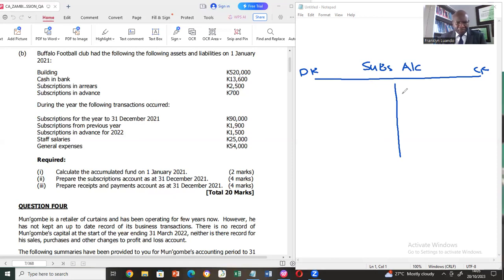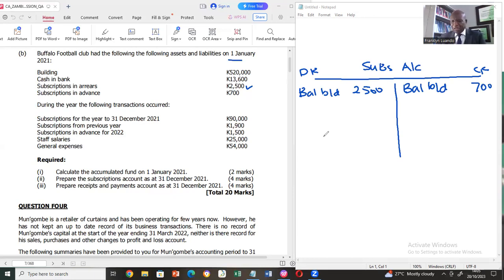We have the opening balance, which is an asset. It must be debited. Balance brought down 2,500. It's an asset. And then we have a liability, opening balance as a liability, balance brought down, liabilities are credited. This is at the beginning, or this is 1 January.